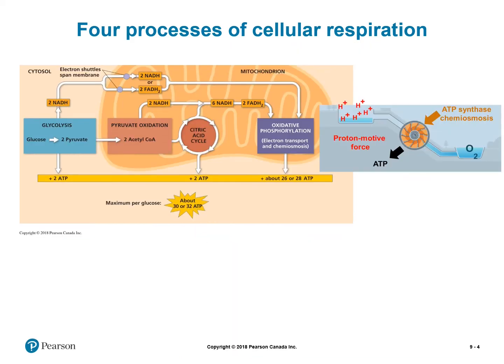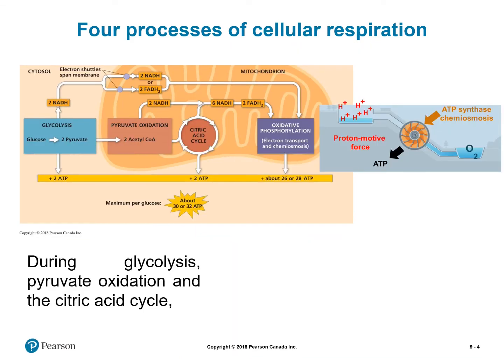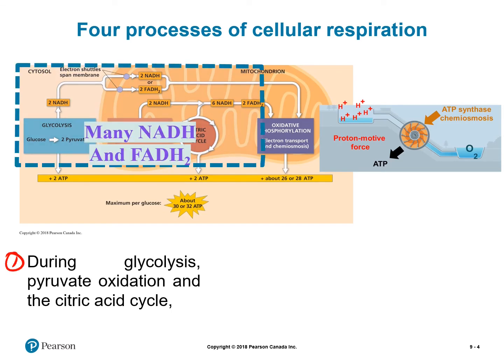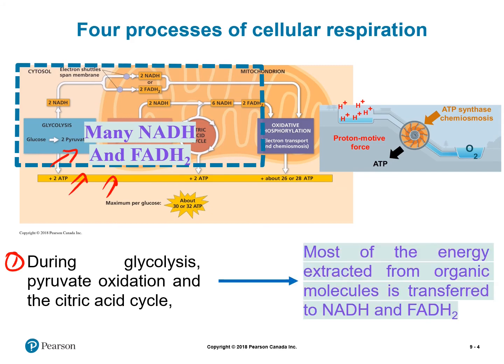The first thing that I told you is that during these three initial processes, there is a lot of production of NADH and FADH. So this is the most important. During those processes, most of the energy extracted from organic molecules is transferred to NADH and FADH.